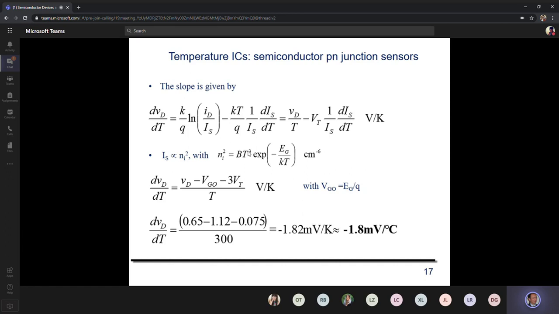Then there is the cube of T, because you remember when you calculate Ni, you have a Fermi integral in which you change the integration variable, so you obtain kT to the 3/2, and then you square, and you have T cube, okay? Times the exponential of minus the gap of the semiconductor divided by kT, okay?